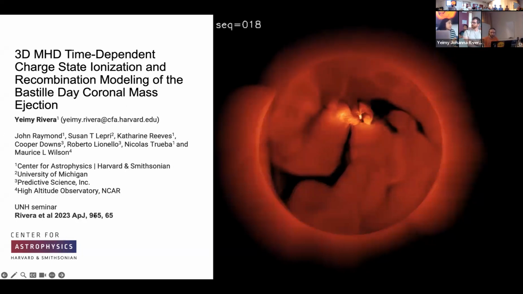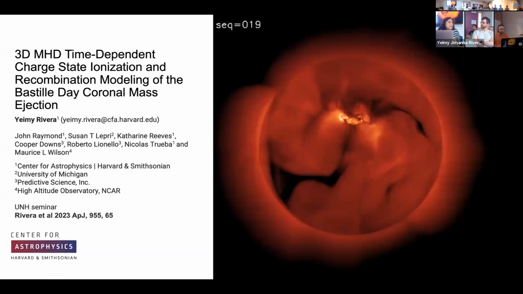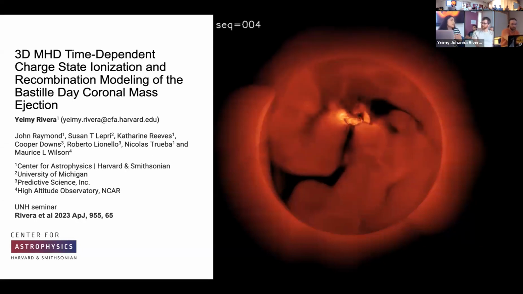But yes, so today I wanted to talk about time-dependent ionization. So looking at the evolution of heavy ions within evolving structures of the coronal mass ejection. So we've tried to recreate it with the Predictive Science MHD model. We tried to reconstruct some of the charge states in connection to the CME from observations from SWICS at L1.